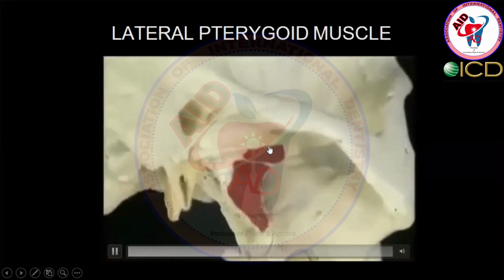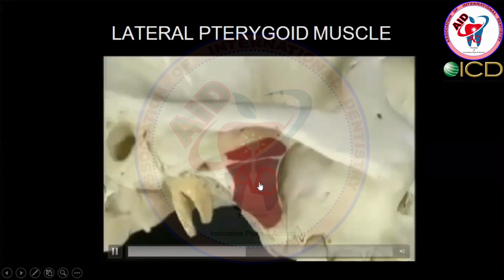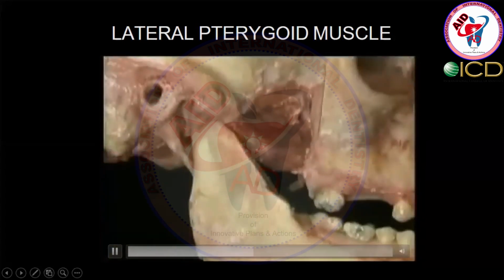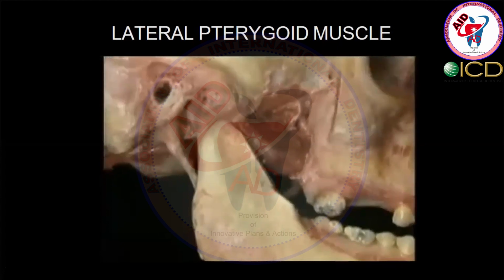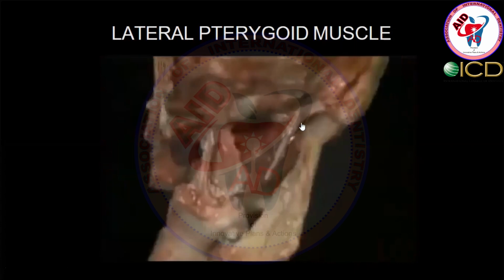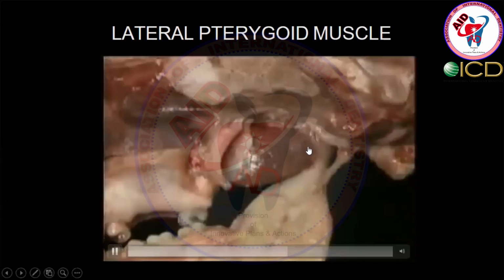This is the superior level and this is the inferior level of the lateral pterygoid plate, which gives the origin. While when we go to the inner side of the mandible, we get the orientation of how it looks from the inner side.